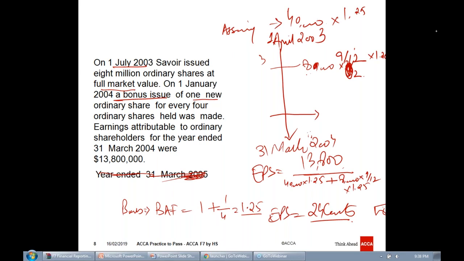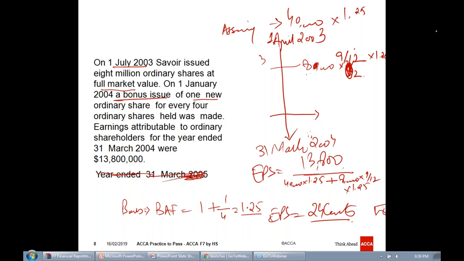I have explained both the bonus and the right shares, so if you want to discuss anything, you can ask immediately. Any question for the bonus or right shares? I'm lost. Can you please repeat the right shares? Okay, I will repeat the right shares first.